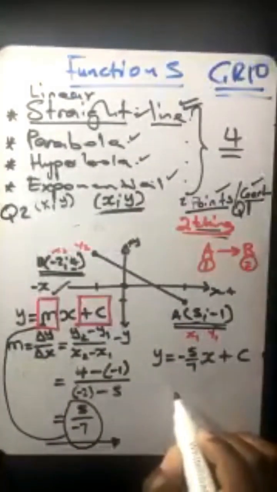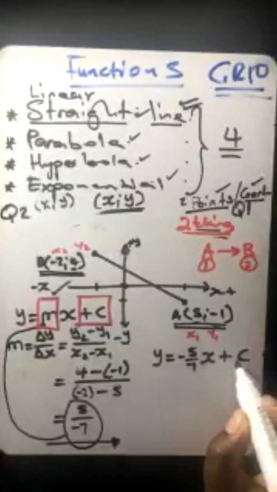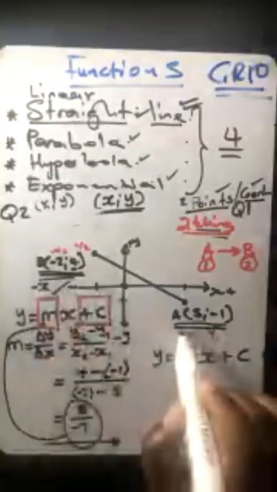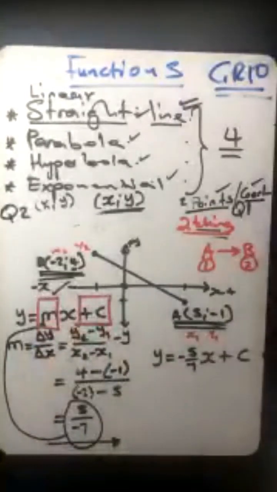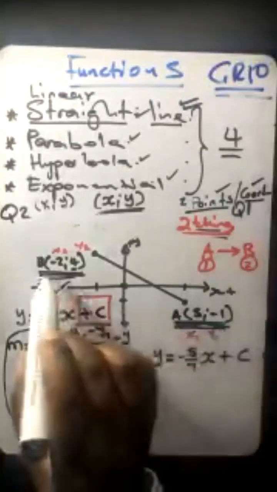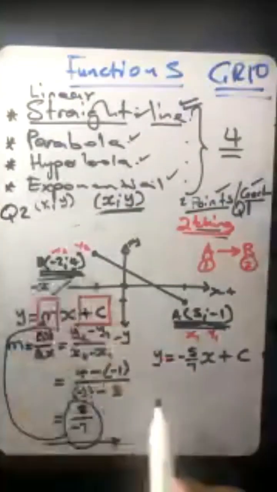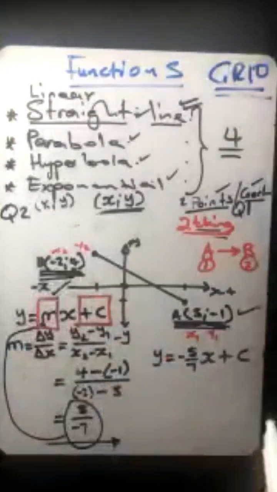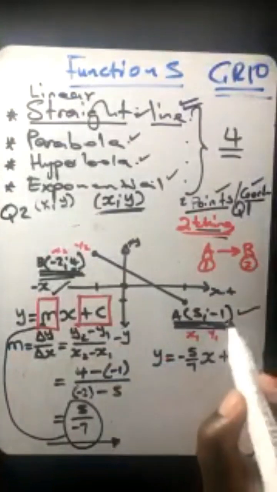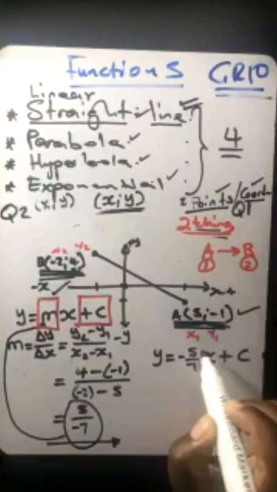For you to determine c, you can use any value between those two. You just choose any value that you like. Someone please use A, the other one please use B. So I'm going to use A. Let's see how we use A. Where we see x, we're going to substitute 5.